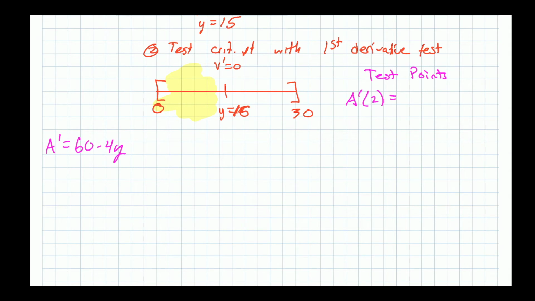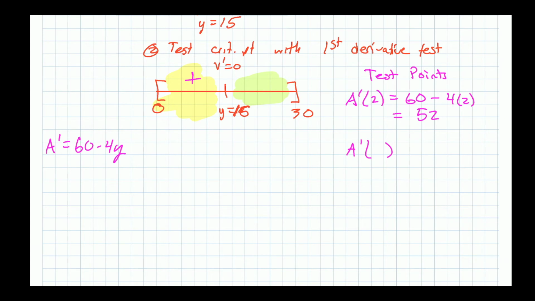A prime of 2 is 60 minus 4 times 2. That's 60 minus 8, so it's 52. That's positive. Then you need A prime of something between 15 and 30. If you didn't have the 30 there, you would just say something bigger than 15, and that would be fine.